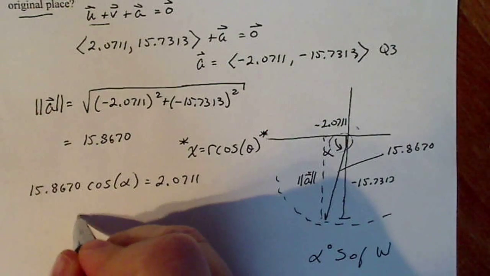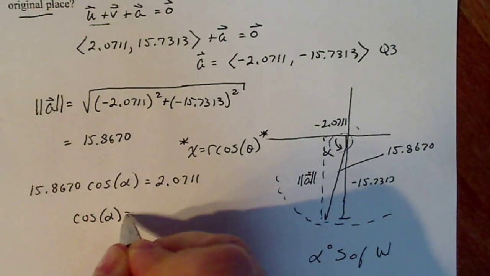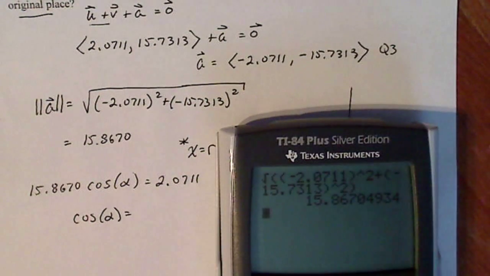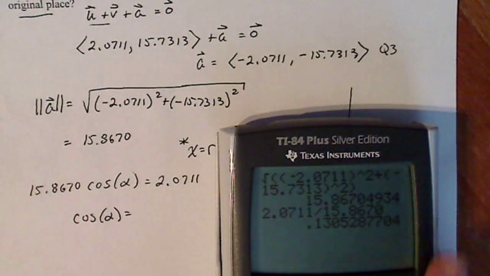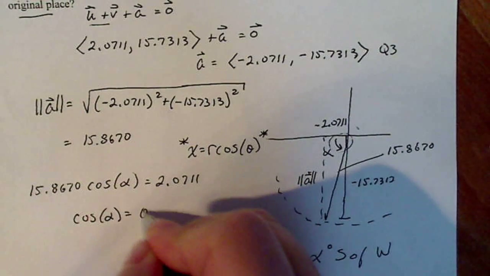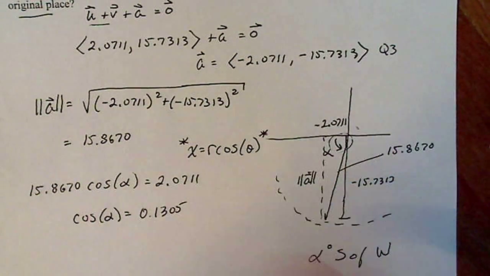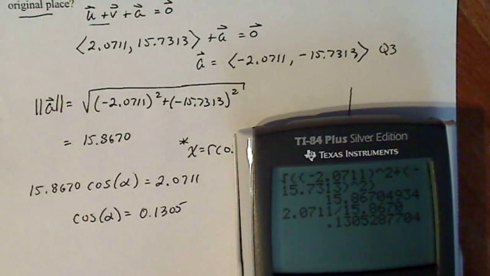All right, let's keep going. Let's solve for alpha. So cosine of alpha is going to be 2.0711 divided by 15.8670. So 0.1305. Did I write that down right? 0.1305.